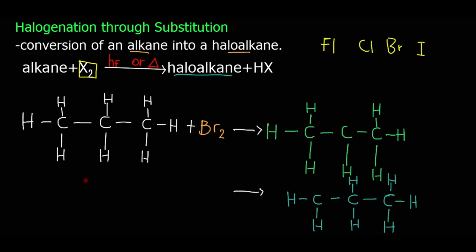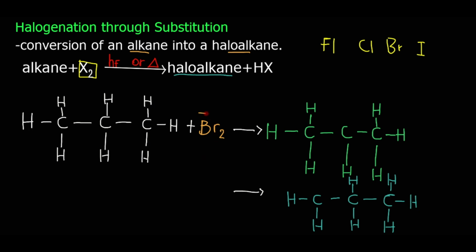Now let's say we have this alkane. You can see this is an alkane because we have carbon and hydrogens only, and a single bond. So we will convert this alkane into a haloalkane. And because this is a substitution, it means we have to substitute something with something. We will substitute a hydrogen with a halogen.